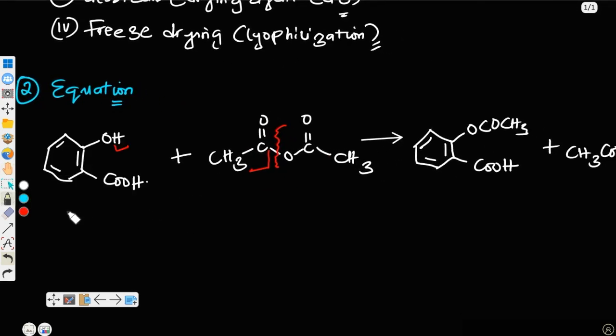So this first one you have here is salicylic acid plus acetic anhydride, or you can call it ethanoic acid anhydride. That means two acetic acids that have lost water.